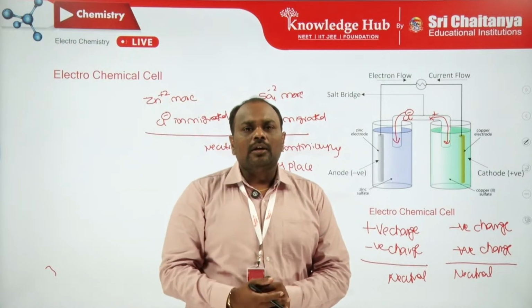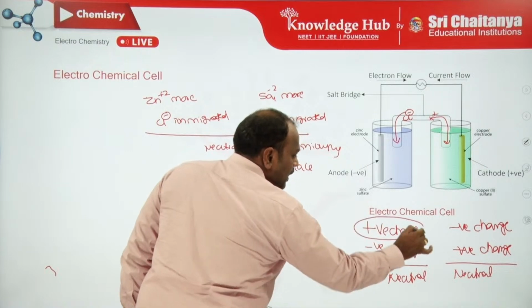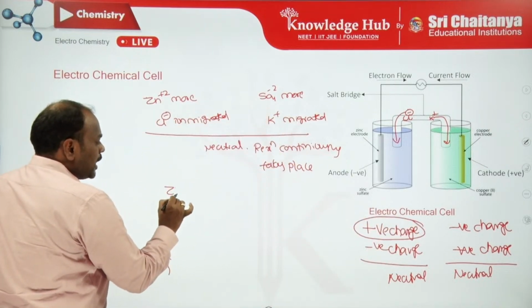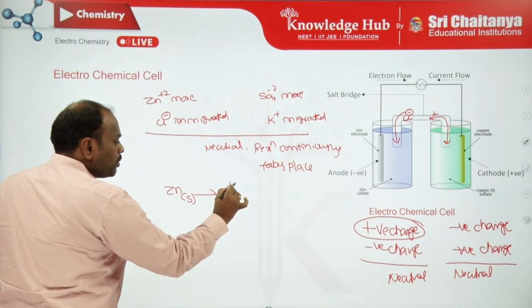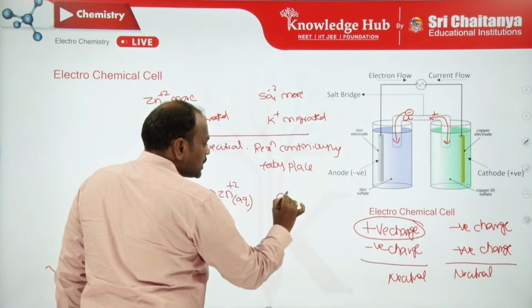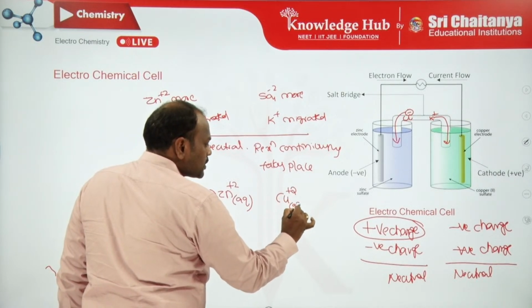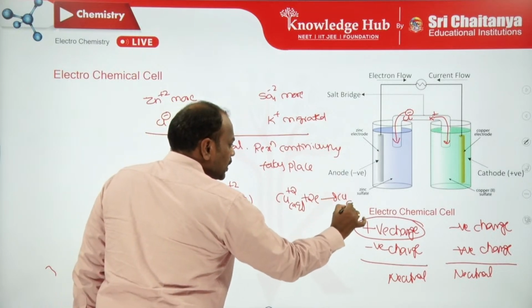And one more thing we also observed. On the left side, what happened? Positive charge will increase because solid zinc is converted to Zn plus 2 aqueous. On the right side, what happened? Cu plus 2 aqueous gains 2 electrons, then is converted to solid copper.